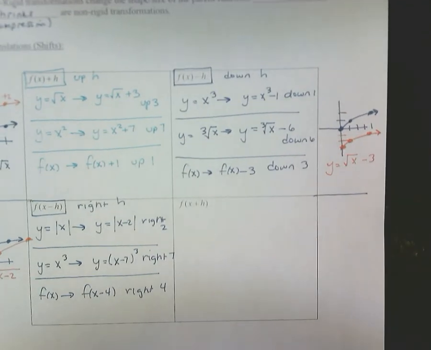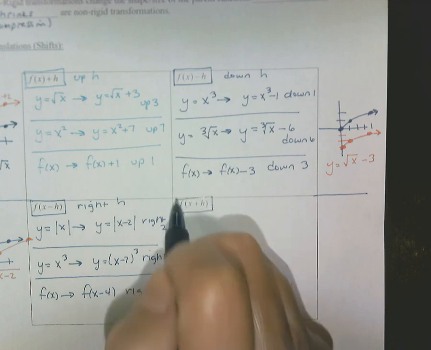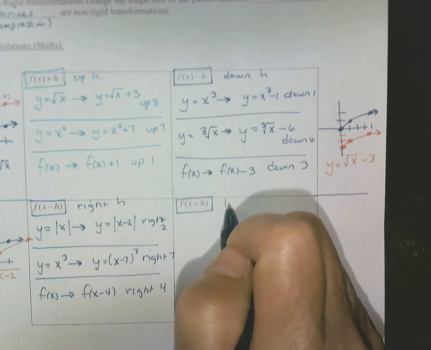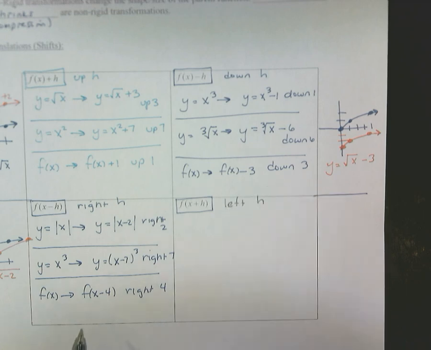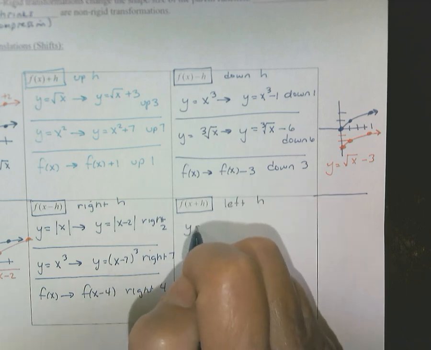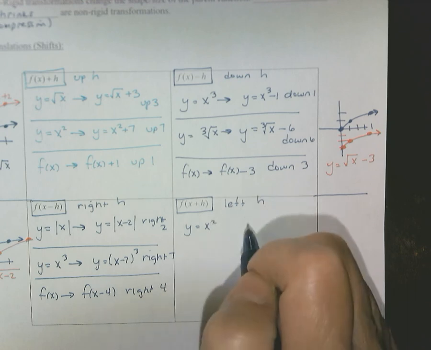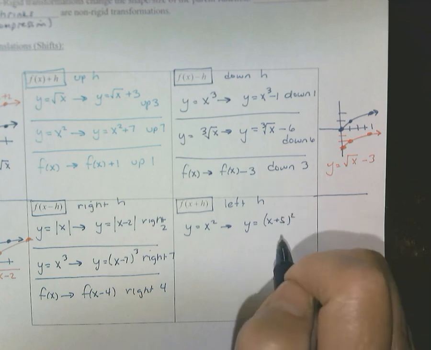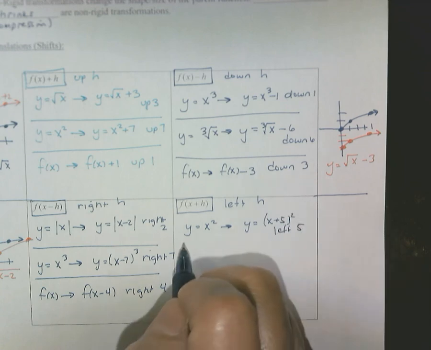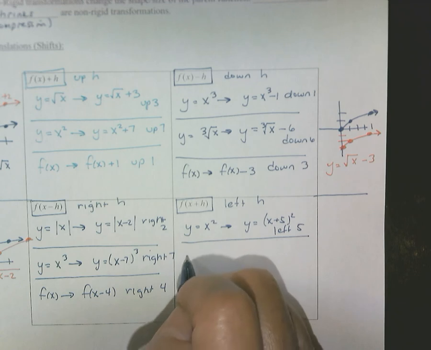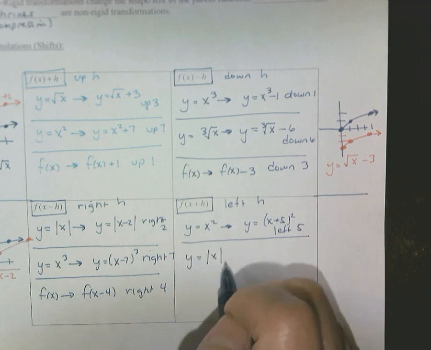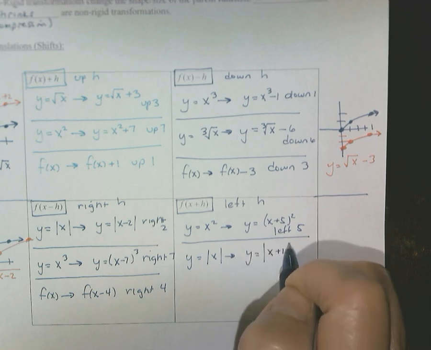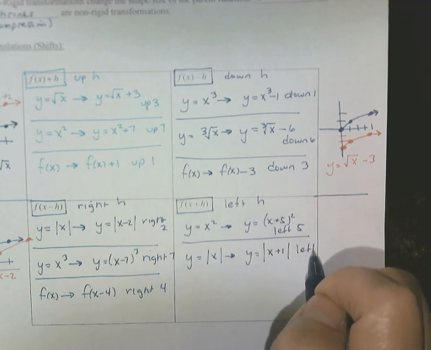The last one is f of x plus h. Once again, the h is inside with the x. This is going to move left h. So if I had y equals x squared, and I transform this to y equals x plus 5 squared, that is left 5. If I have y equals the absolute value of x, and I want to transform that to y equals absolute value of x plus 1, this is left 1.